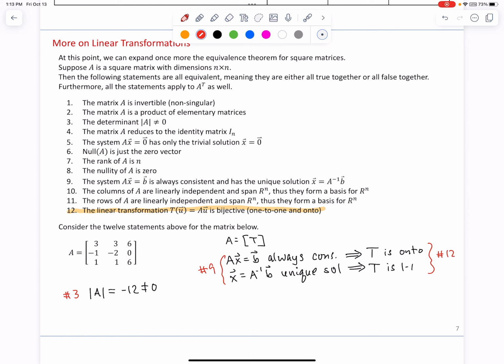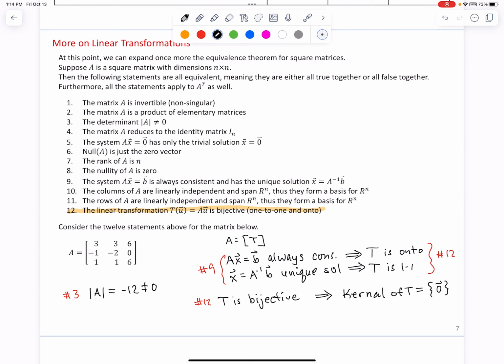Furthermore, I want you to observe that if number 12 is true, in other words, if T is bijective, we know that every linear transformation maps the zero vector to the zero vector, and because it's bijective, the zero vector can be the only preimage of the output zero vector. So that means the null space of the standard matrix is just the zero vector, which in new terms, we say that the kernel of the transformation is just the zero vector.